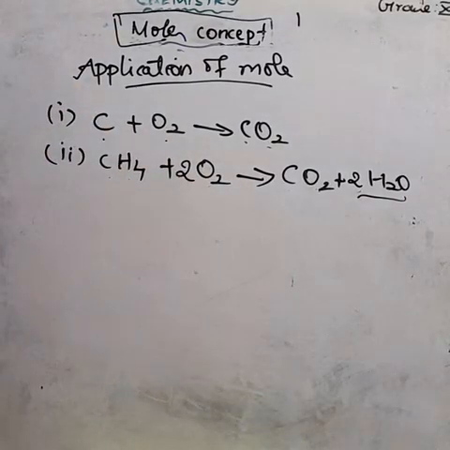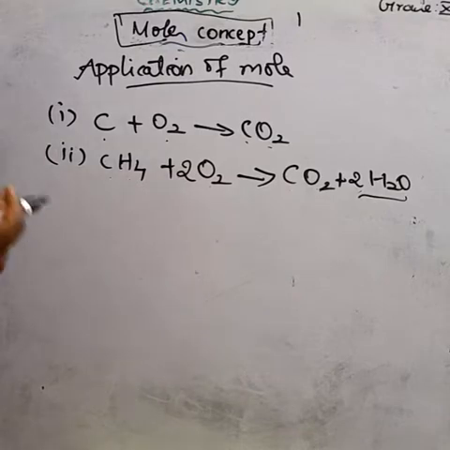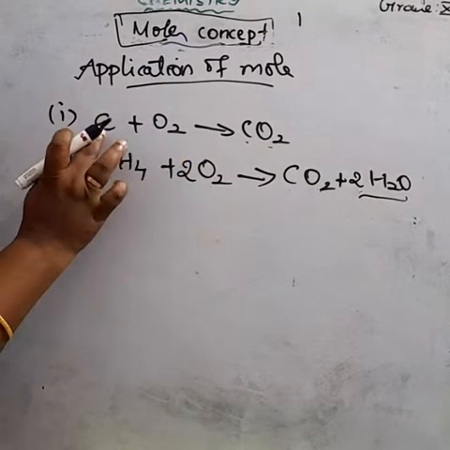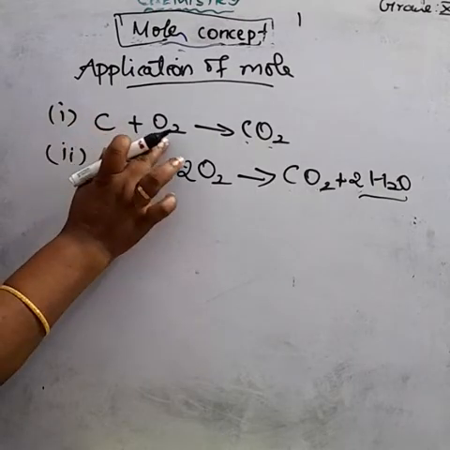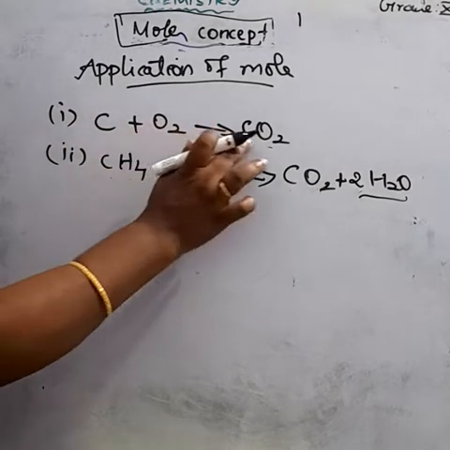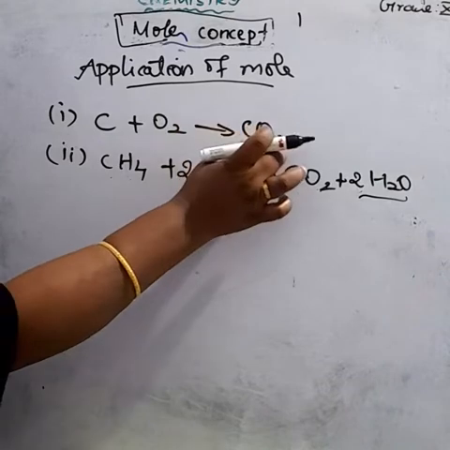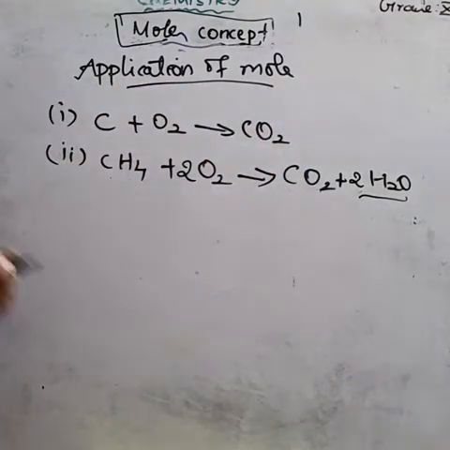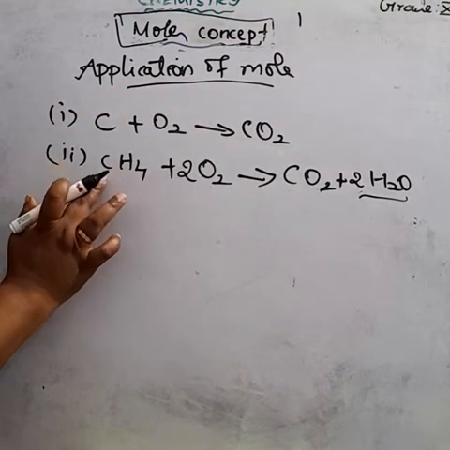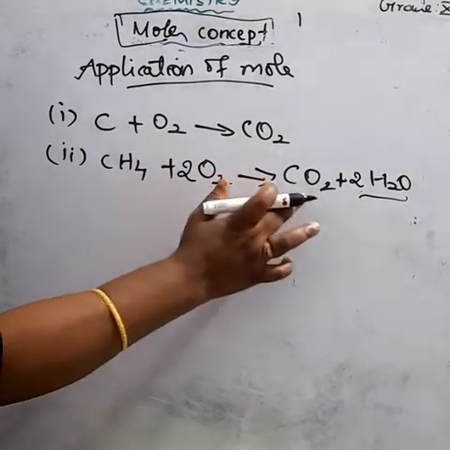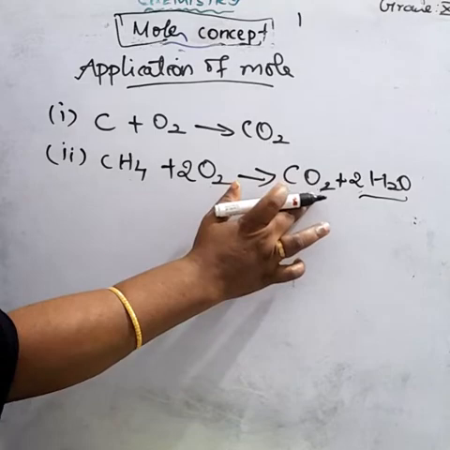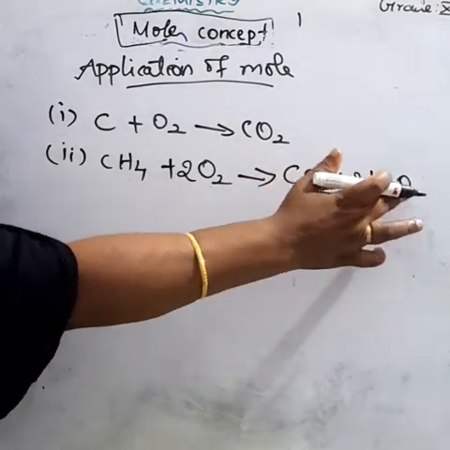Okay, understood? So here in the first reaction, one carbon atom reacts with one oxygen molecule to give one carbon dioxide molecule. In the second reaction, one molecule of methane reacts with 2 molecules of oxygen to give 1 molecule of carbon dioxide and 2 molecules of water.